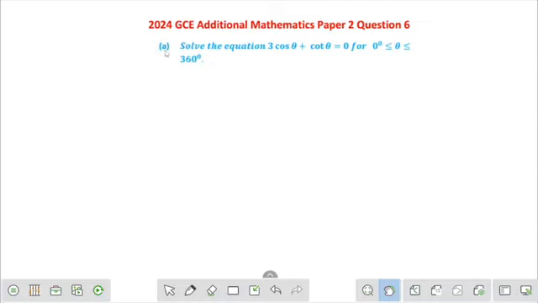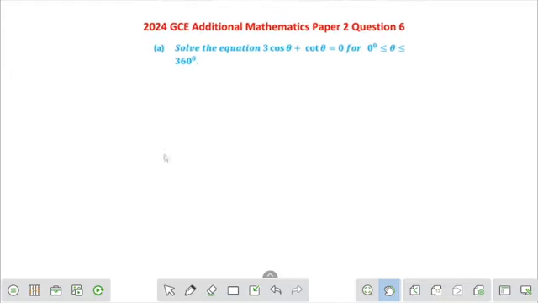So first thing, we are going to write the equation that you have been given. So in this case, we have 3 cos theta plus cot theta is equal to 0. Next stage, look at this cot theta that we have.